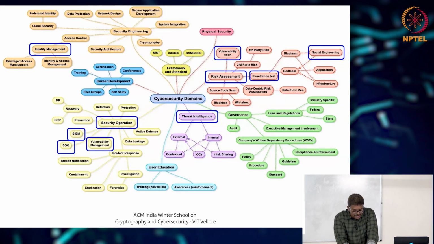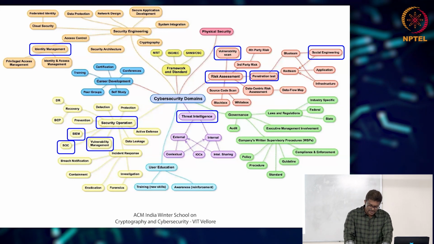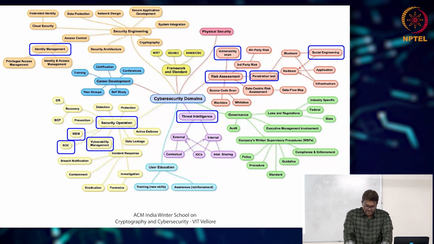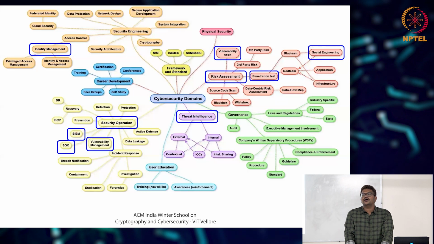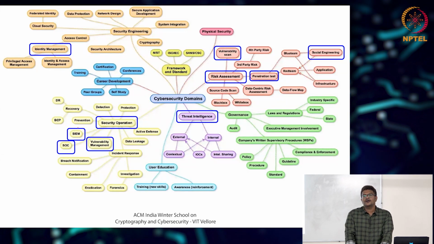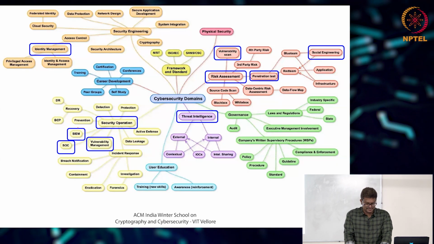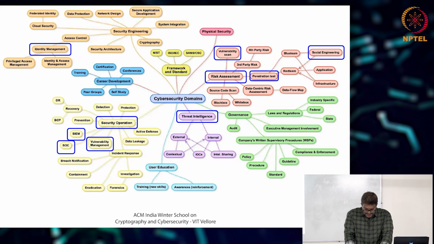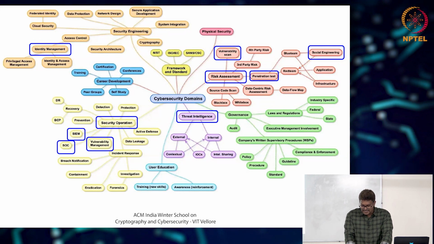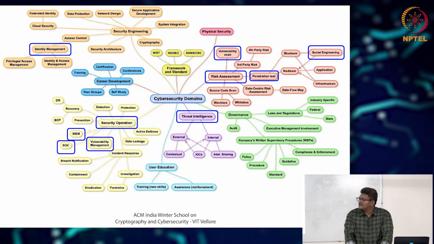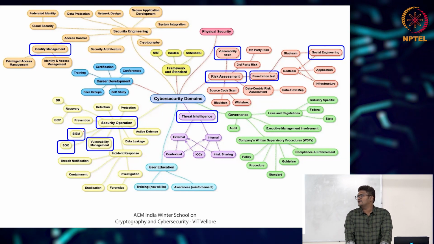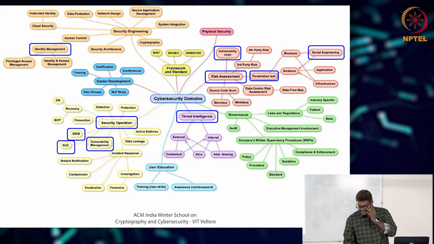Then for security operations, we'll cover SIEM. For SIEM, I am planning to use one open source tool, Wazuh, so tomorrow we'll cover that. Based on how far we get, we can try to expand the capacity of SIEM to XDR, we'll think about it.